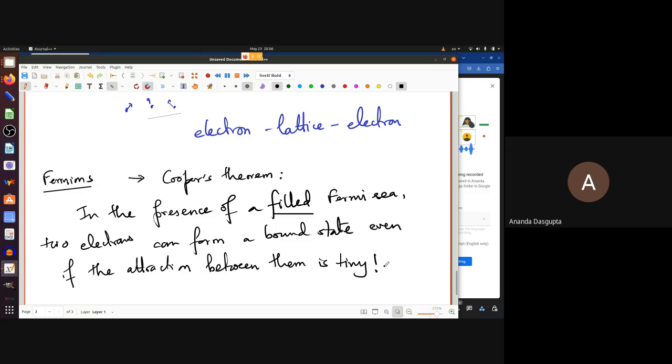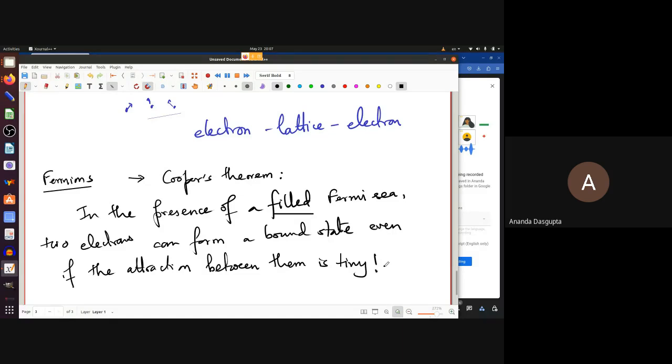So have you done this theorem before, or this proof? Yes or no? You know that there are Cooper pairs, but the basic idea behind the formation of Cooper pairs is this theorem called Cooper's theorem, which says that this is something which would never have happened in free space.